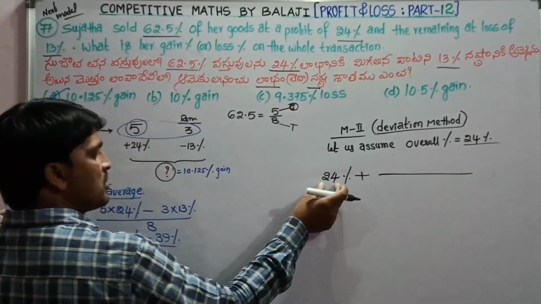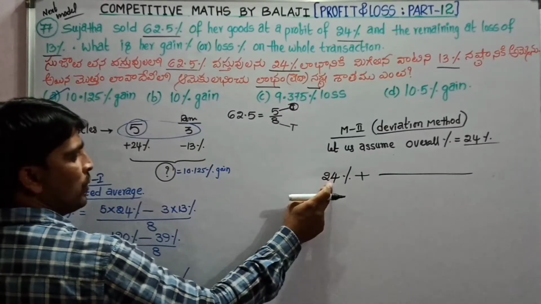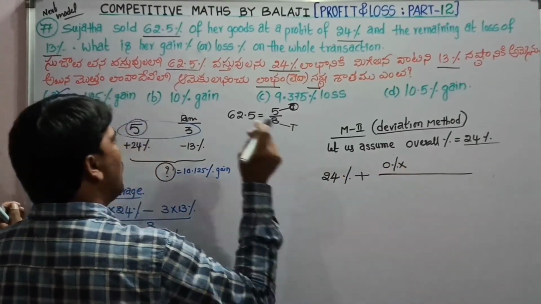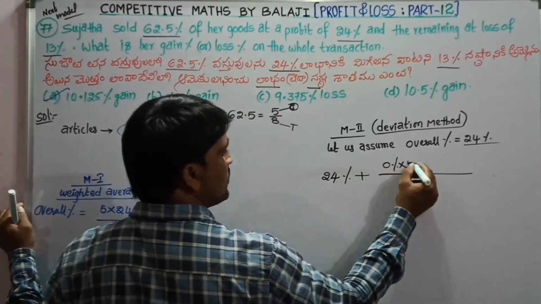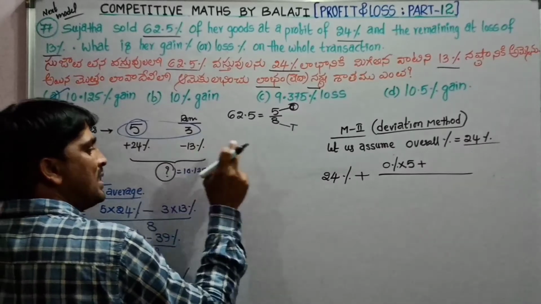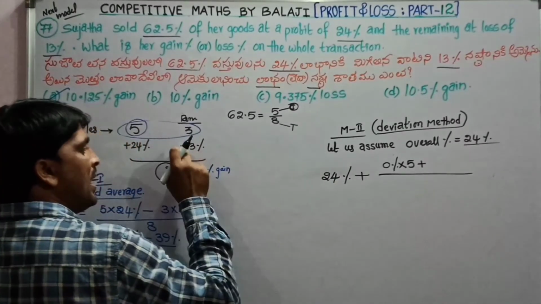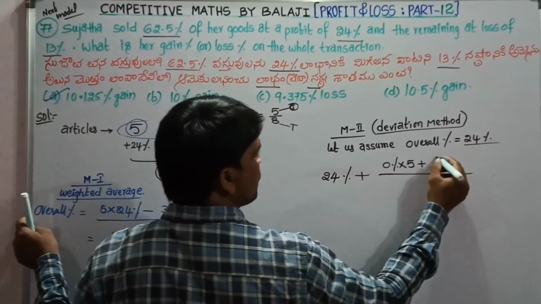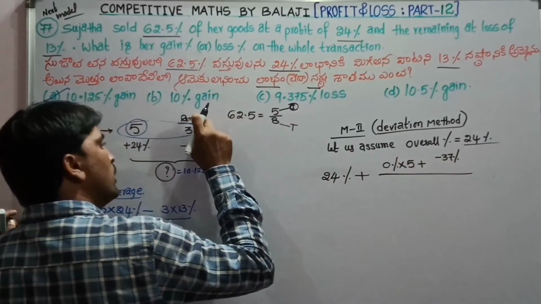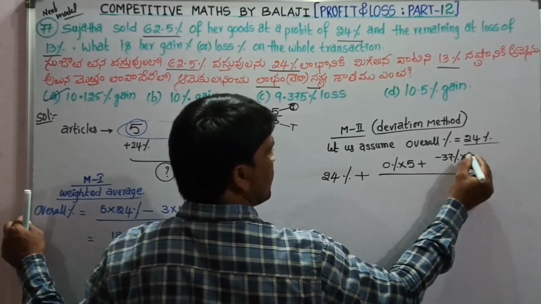Yes, the difference of 24 and 24, that is 0%. 0% deviation on 5 units of articles. Now consider the difference of minus 13 and 24. Minus 13 minus 24, that is minus 37% deviation on the remaining 3 articles.